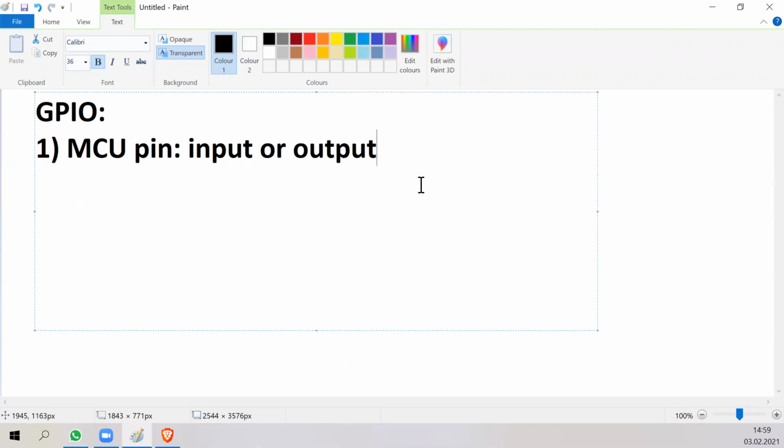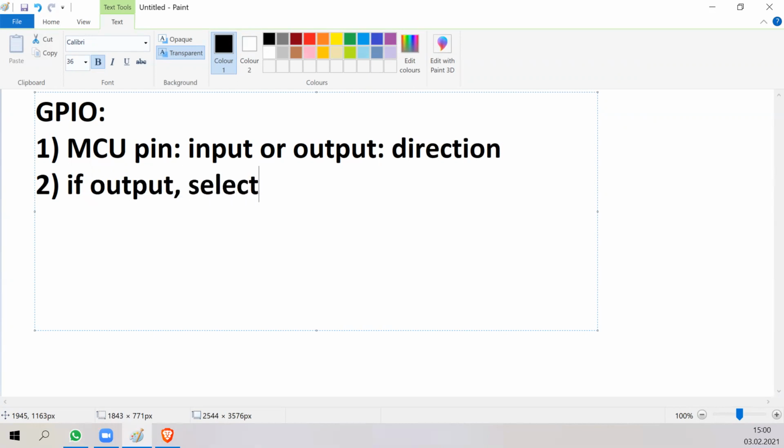So you can have it as input where you can read whether it's low or high based on the signal forced onto the pin, or you can connect some LED and set the output high or low to turn on or off the LED. So you can select whether it's input or output. It's called direction. And the second thing that you can do is, if output, select low or high.